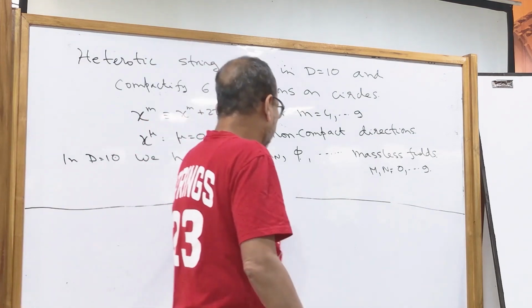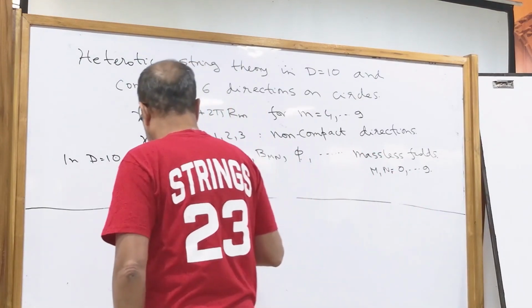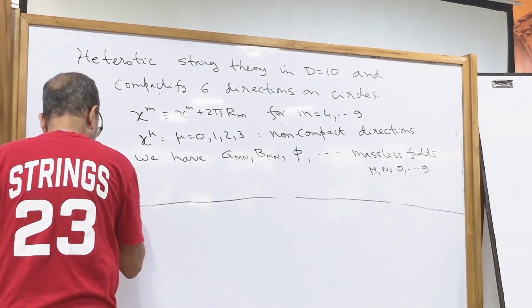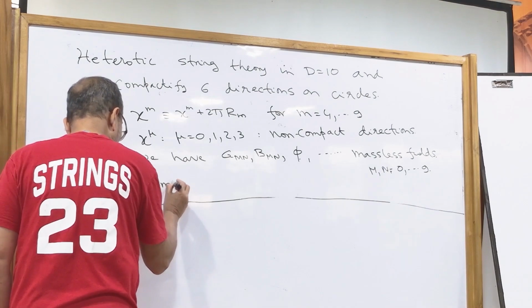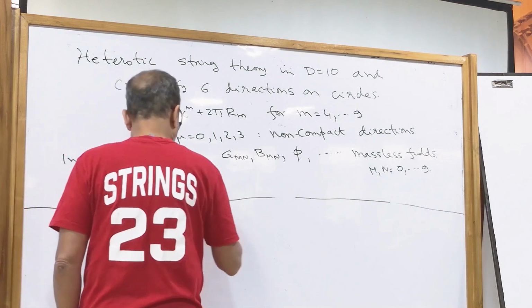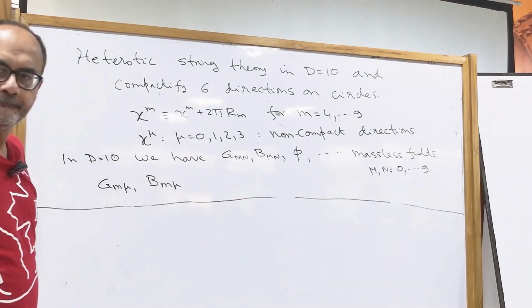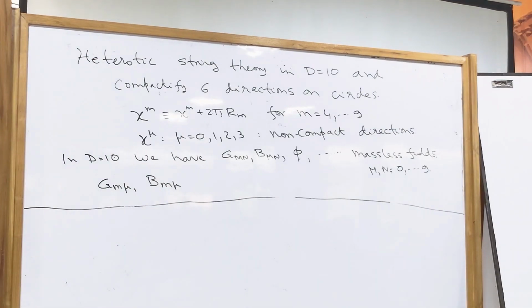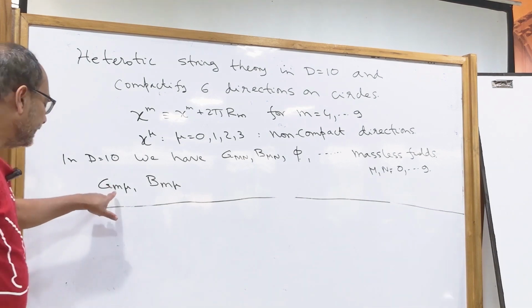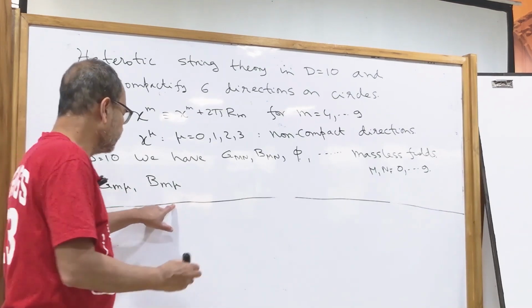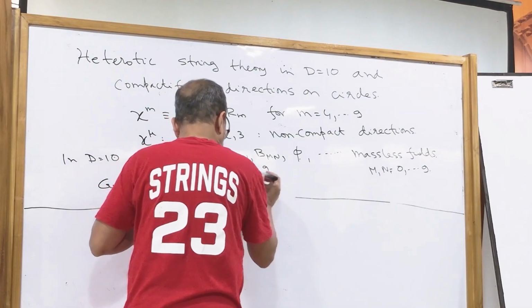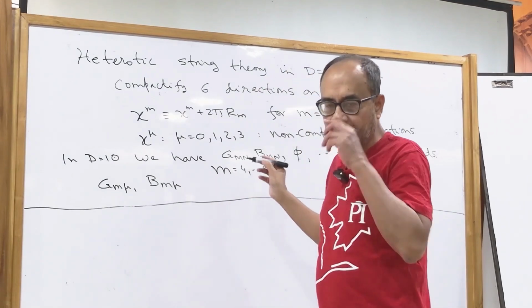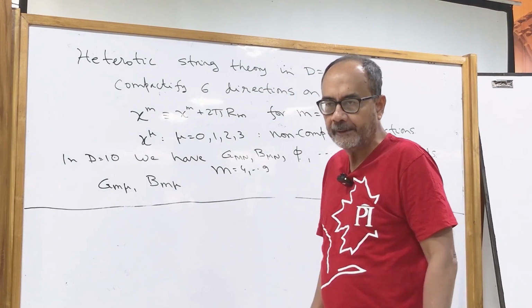So once you compactify, G_M mu and B_M mu, what kind of fields are these? These are vector fields, right? Because these have an internal index M, which runs from 4 to 9, but these are like scalar directions from the 3 plus 1 dimensional viewpoint.